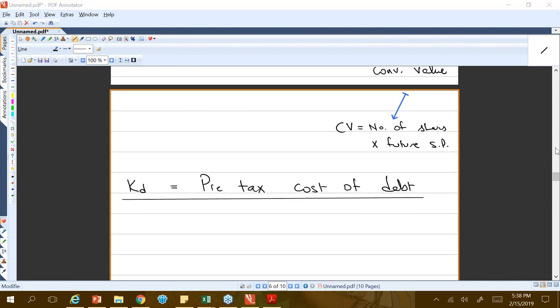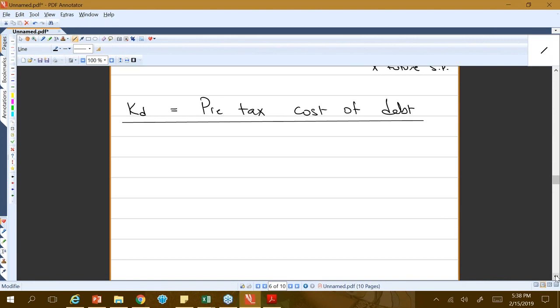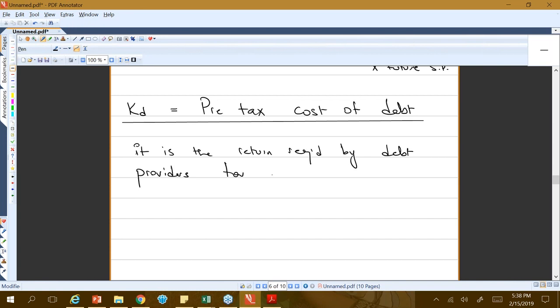Now, once we think of the pre-tax cost of debt, it is the return required by debt providers for providing debt finance.